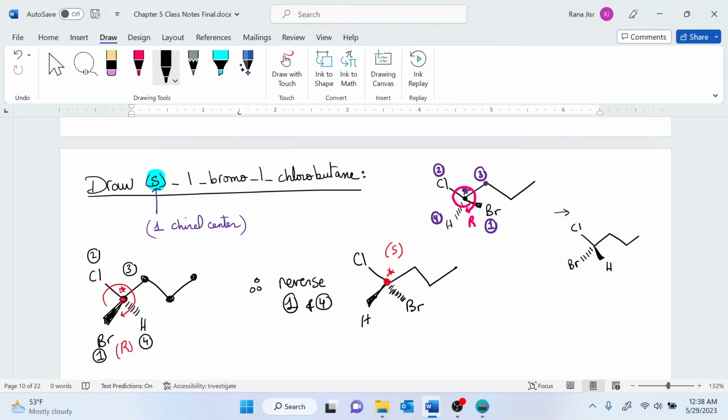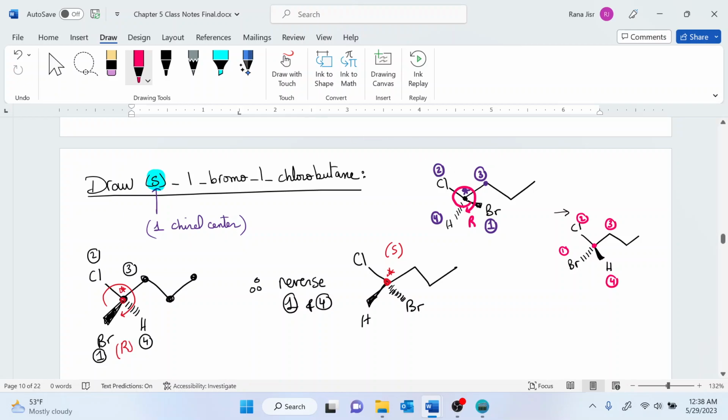So if you do this, then the configuration around this chiral center: this is going to be priority number 1, this is going to be priority number 2, this is going to be priority number 3.